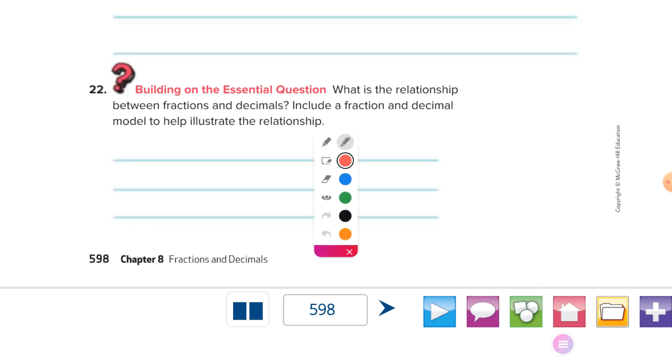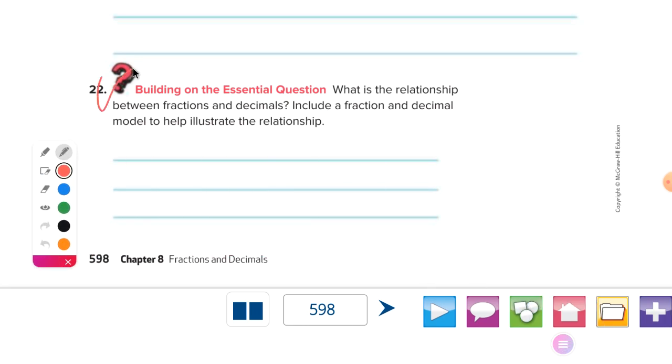I want you to mark off the question that it's asking. And I want you to write 1/8 equals blank. And in parentheses, I want you to write decimal. Meaning it's like the problems we were just doing. It's wanting us to write the fraction 1/8 as a decimal.